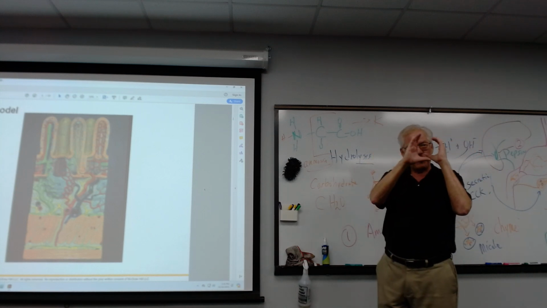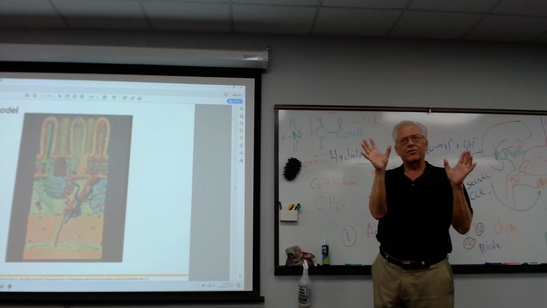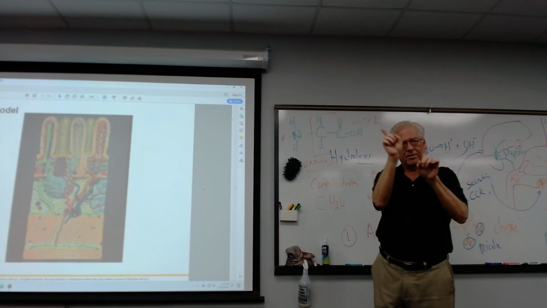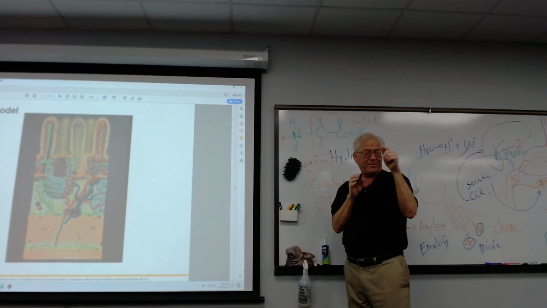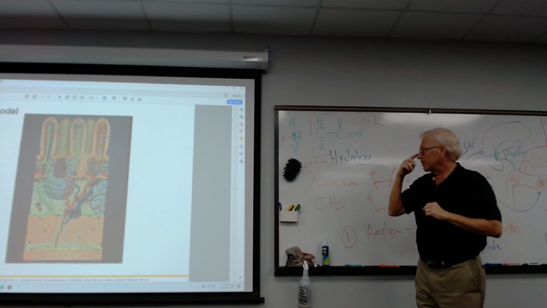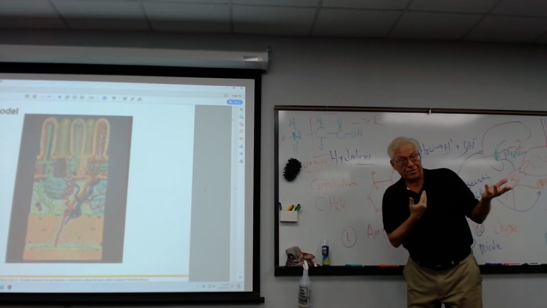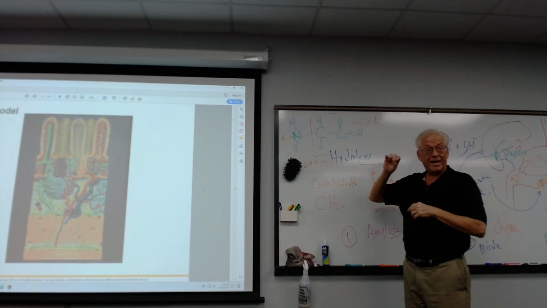The cells that wrap around with their feet. I can't remember the name. They look like stars. Astrocytes. Okay, like an asterisk. So the astrocytes, got it? And that's why you and I aren't dead. But the ammonia is what we got to get rid of.